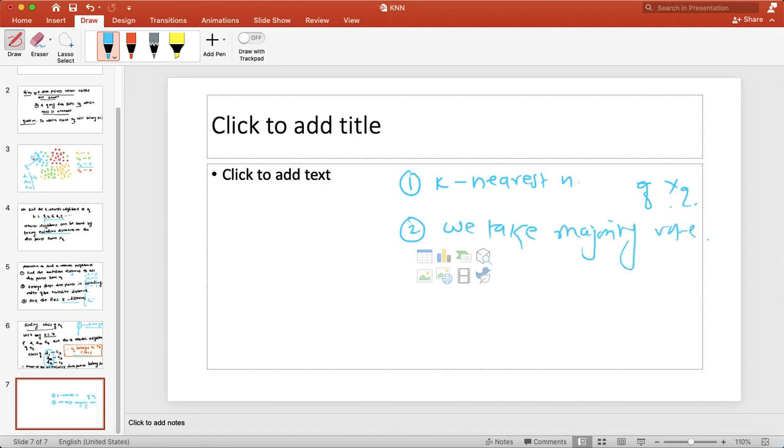So XQ will belong to the class to which the majority of the data points belong. In our case, of D1, D10 and D14, 2 data points belonged to class C3 and only one belonged to class C4. That's why we said that XQ belongs to C3. So that is the KNN algorithm.